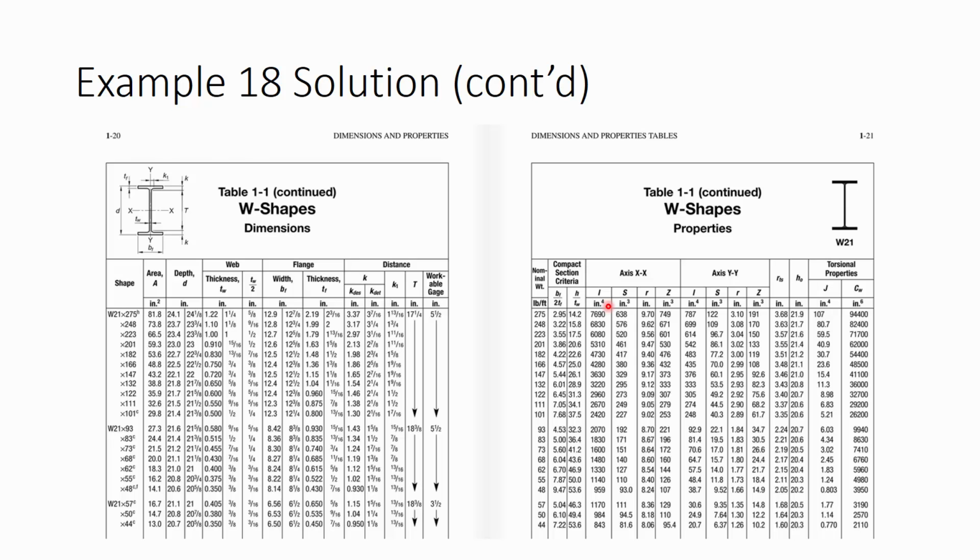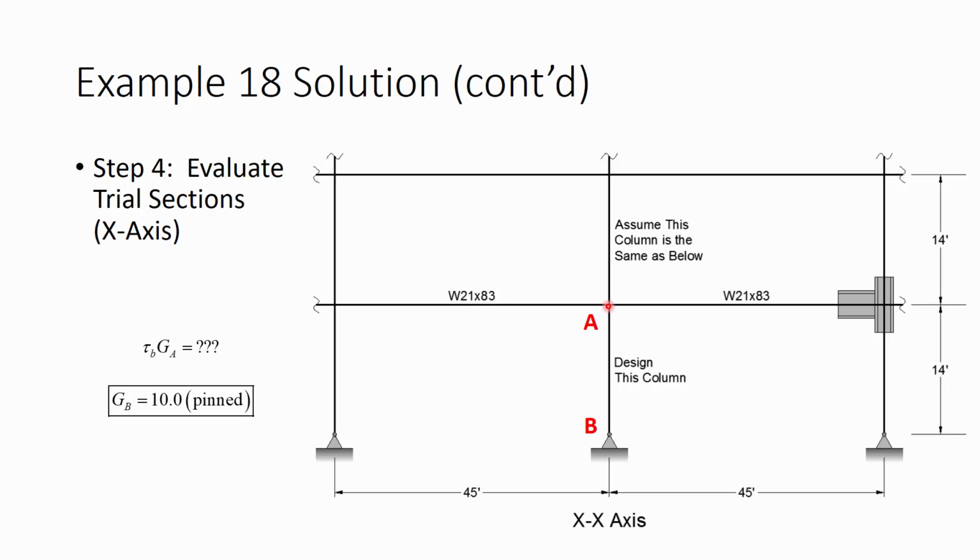Okay. Oh, one other thing. In order to compute G values for the upper portion of this column, we're going to need information on the beam. This beam is a W21 by 83. Now we know it's 45 feet long, but what we're going to need is the moment of inertia, particularly the strong axis moment of inertia.